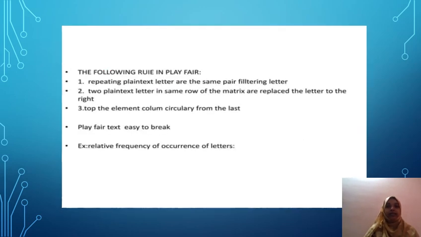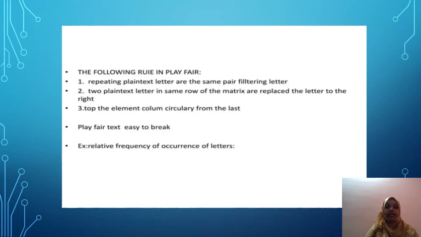The following are the rules for the Playfair. Repeating plain text letters in the same pair are separated with a filler letter. Second, two plain text letters in the same row of the matrix are replaced by the letters to the right, circularly from the last. Playfair text is easy to break.